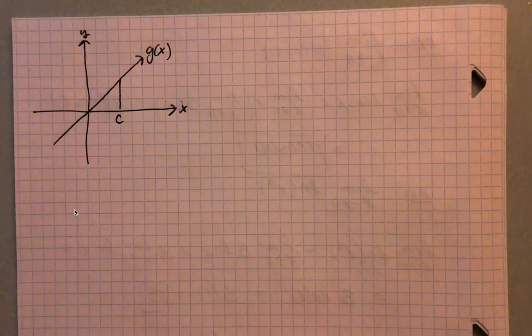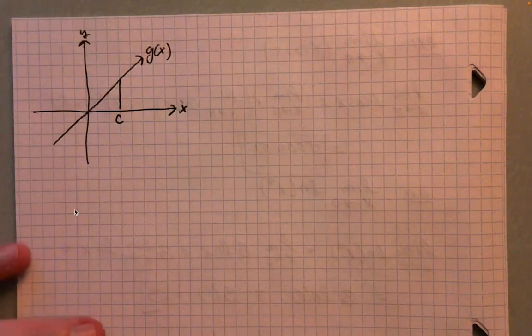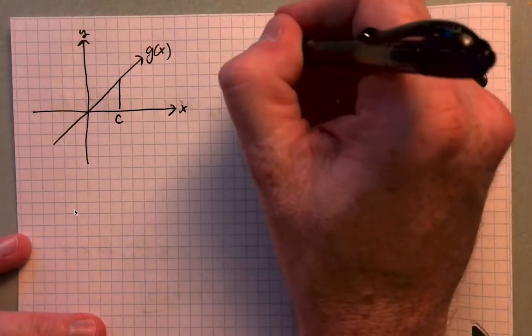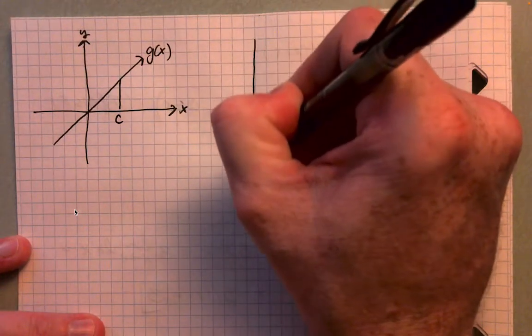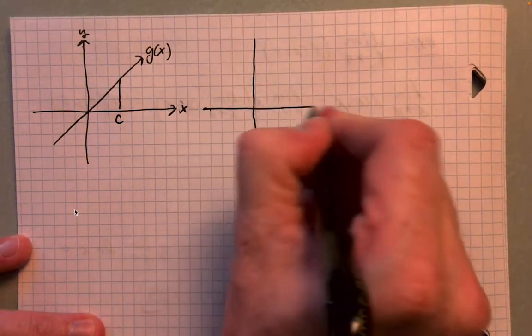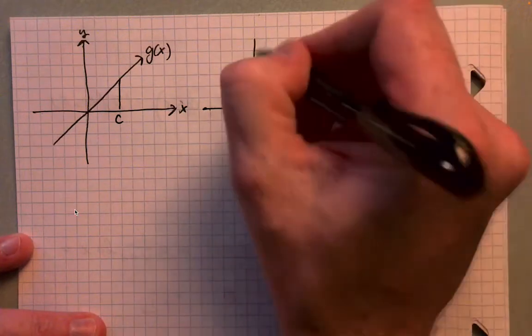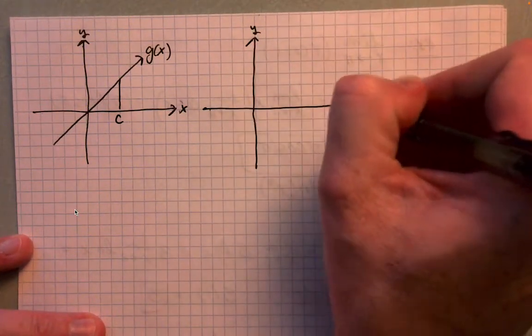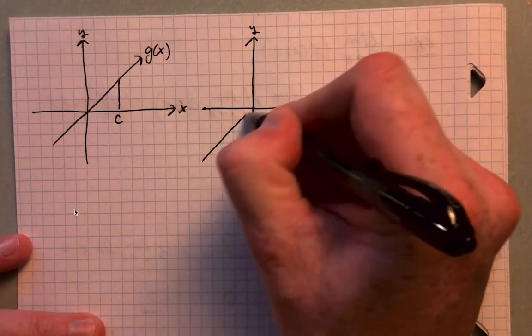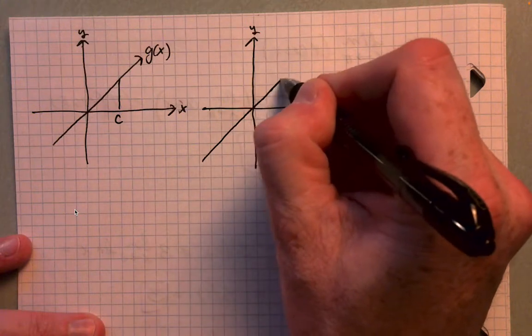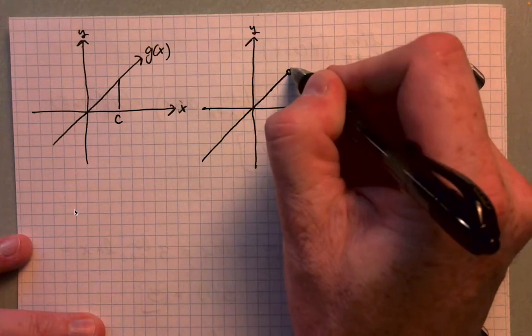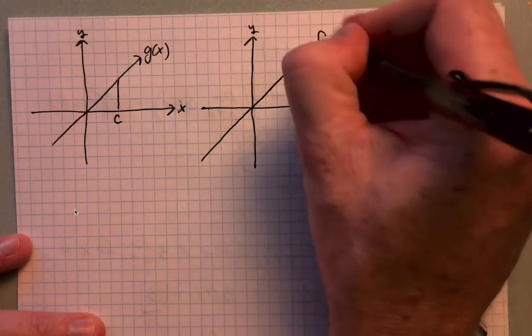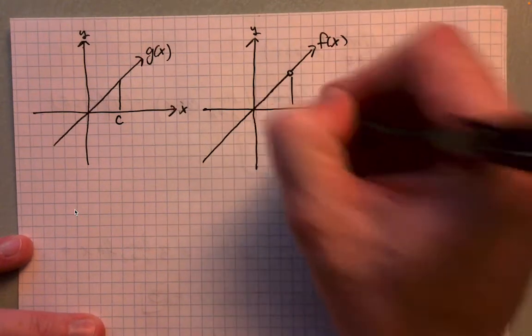So g is defined at c. And let's say right on top of it, except I'm going to draw it on a separate graph, but you can imagine these two as being right on top of each other, you have another function f, which looks almost exactly the same, except for a hole at c.